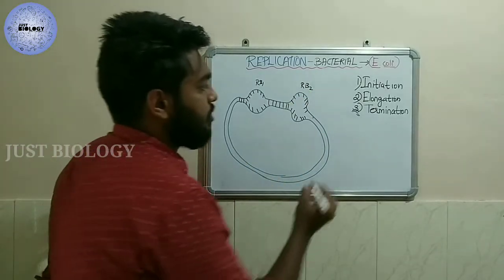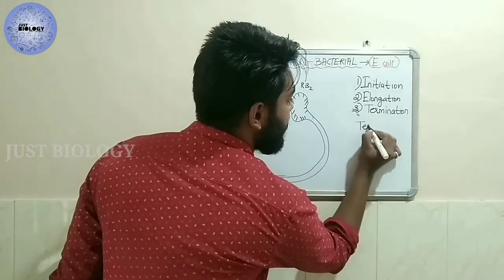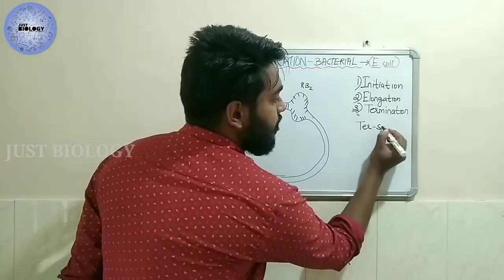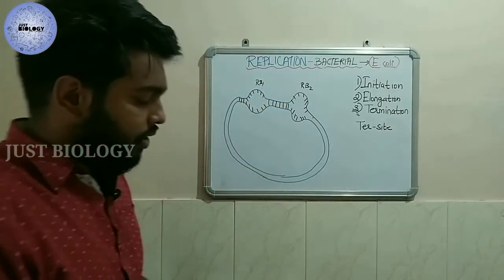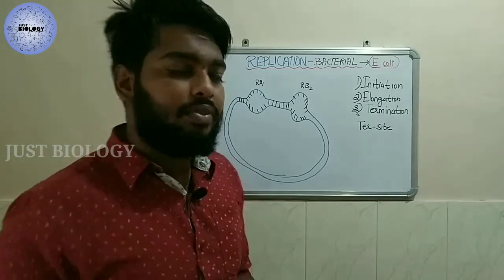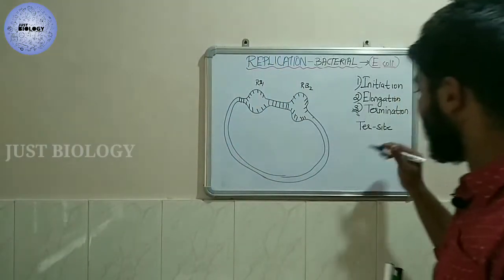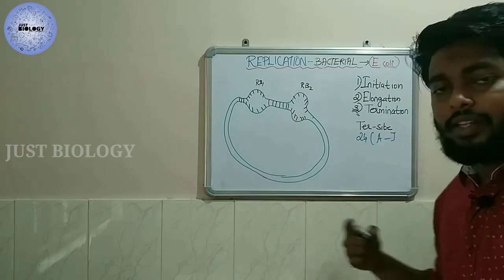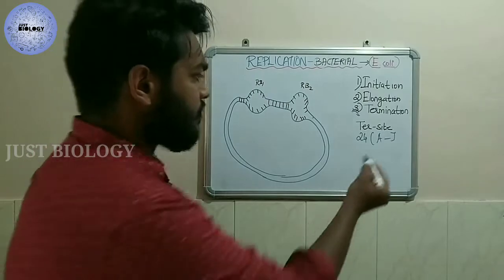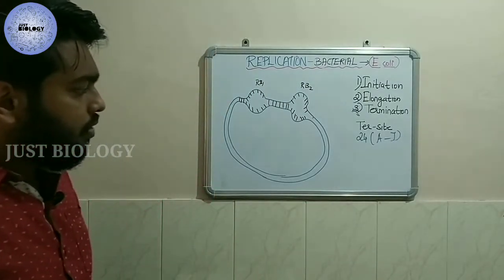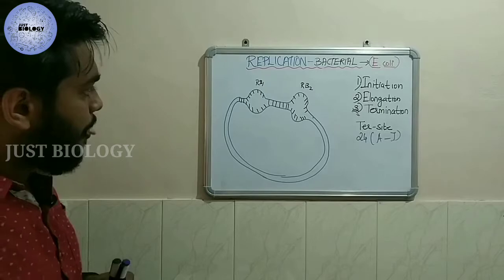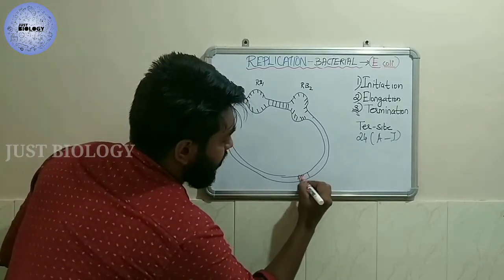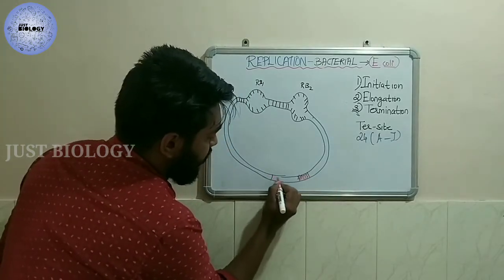Now I told you they have a specific site called the termination site, which we call the TER site. They are made up of 24 bases and often run from A to J: TER A, TER B, TER C and so on till J. Let's say this is one of the termination sites here, and here also we can see one.